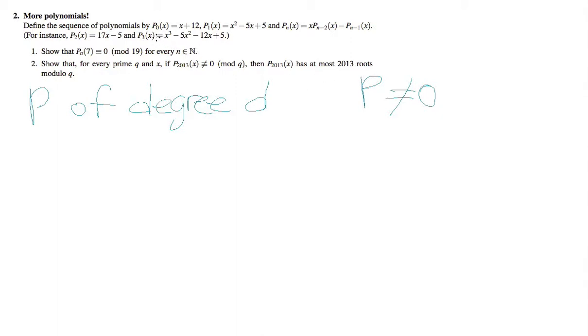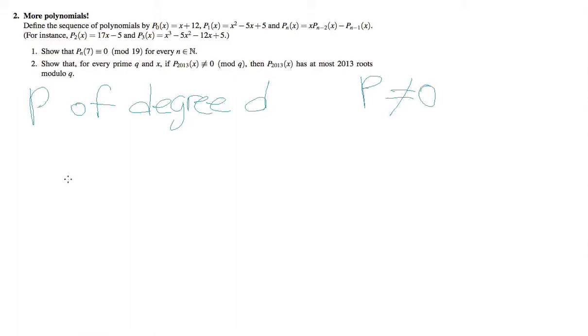Well, if you write out the first few polynomials, you see that P0 has degree 1, P1 has degree 2, but then P2 has degree 1, right? So this breaks a pattern. Before that, we had P of n had degree n plus 1, but then P of 2 has degree 1 less than its index, right?